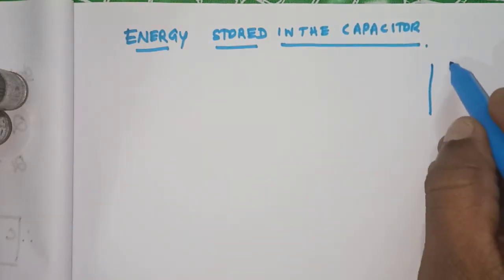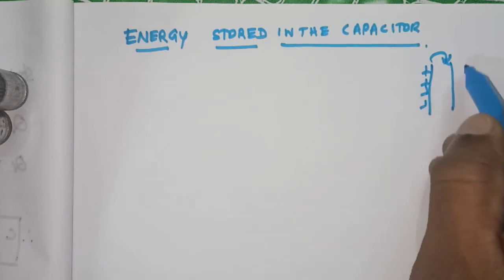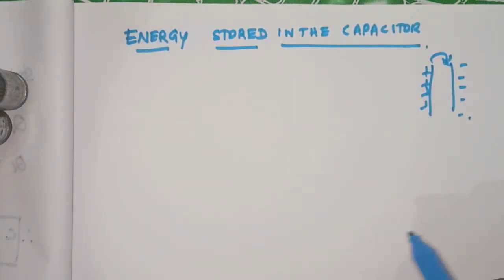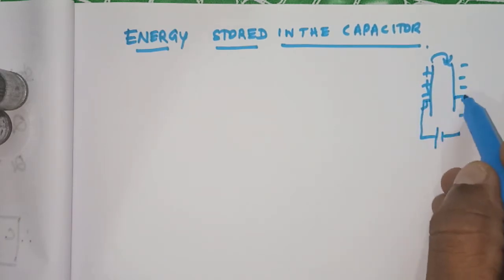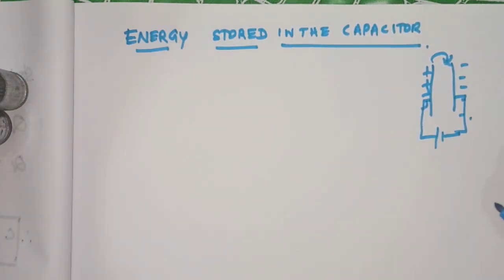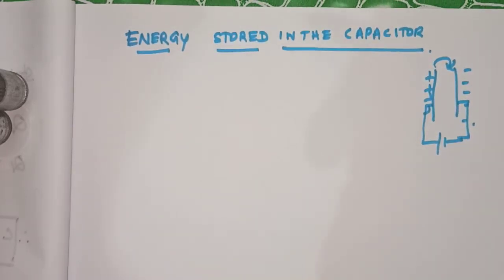So what happened? There is some work done by the battery. The work done is stored as electrostatic potential energy in the capacitor.